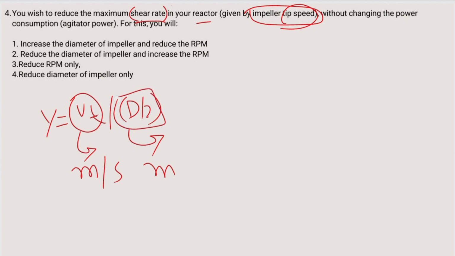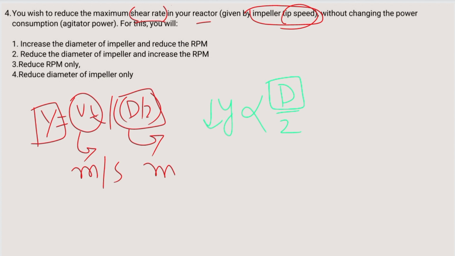Actually, you are taking the radius. You wish to reduce the maximum shear rate, and the shear rate has an inversely proportional relation with D by 2. If D by 2 is increased, then gamma will be reduced.